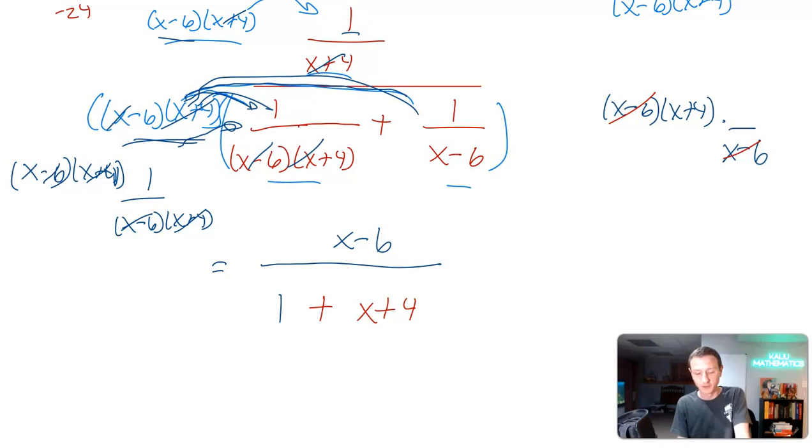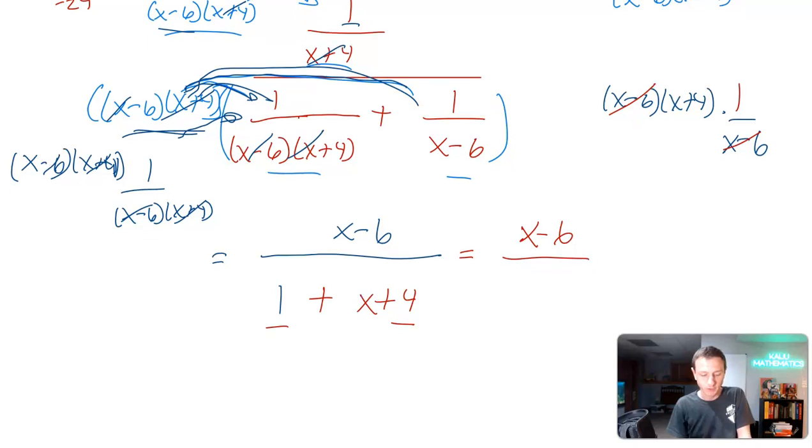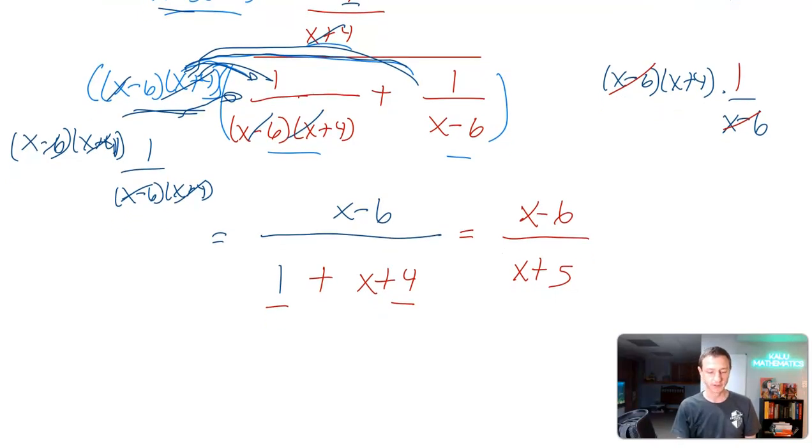But in this case, since it's just 1, we really don't have to worry about it a whole lot. So then on top, I'm left with x minus 6 over, I have like terms of 1 plus 4 is 5, so x plus 5. And there it is. There is that term simplified.